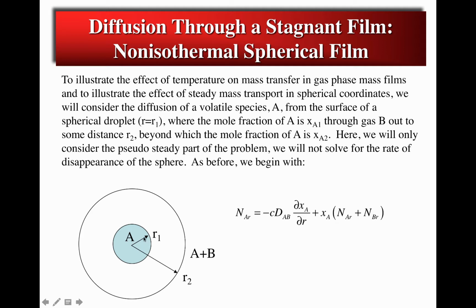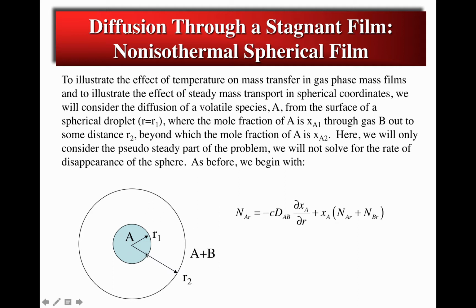And at R equals R1, we're going to impose thermodynamic equilibrium. And so the mole fraction of A in the gas phase at R equals R1 is going to be XA1, and beyond R equals R2, the mole fraction of A is XA2. And you'll see why we're going to do that when we connect this back up with the Stefan tube problem momentarily. We're only going to consider the pseudo-steady state part of the problem.